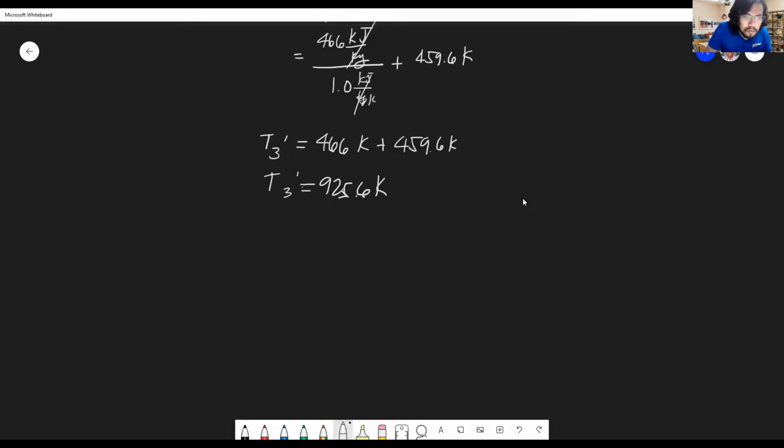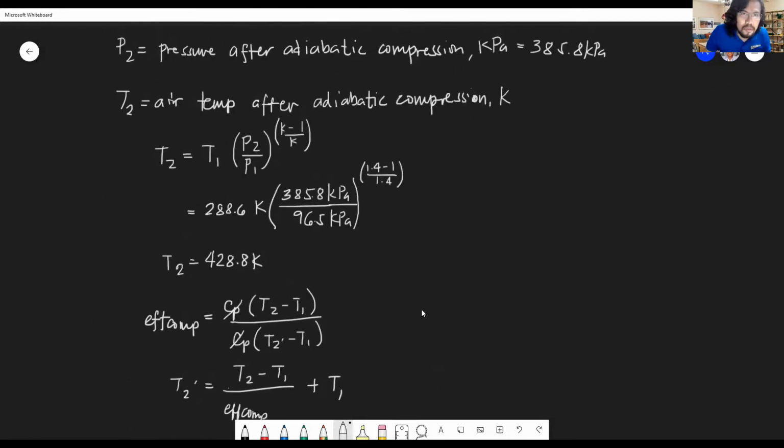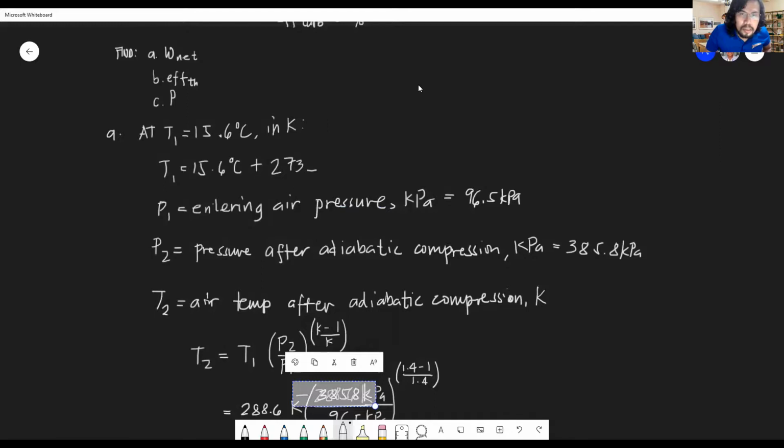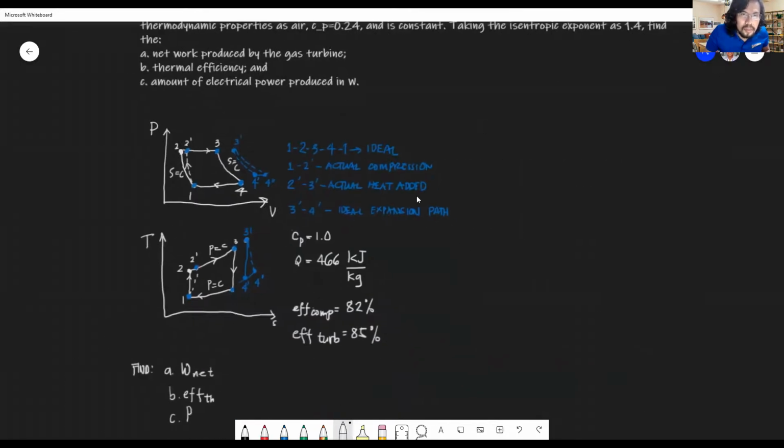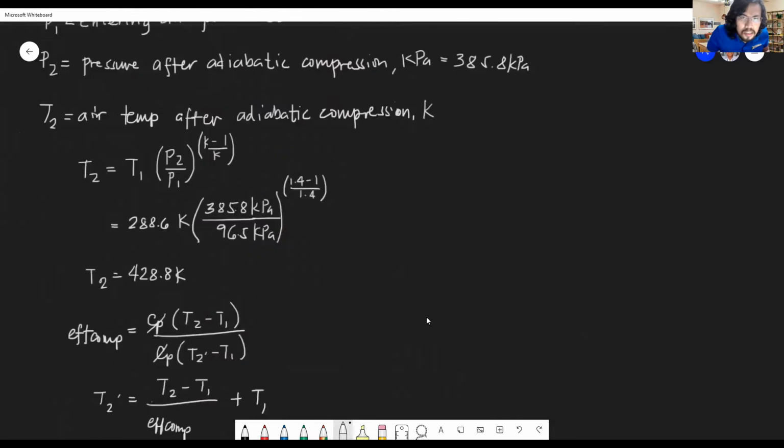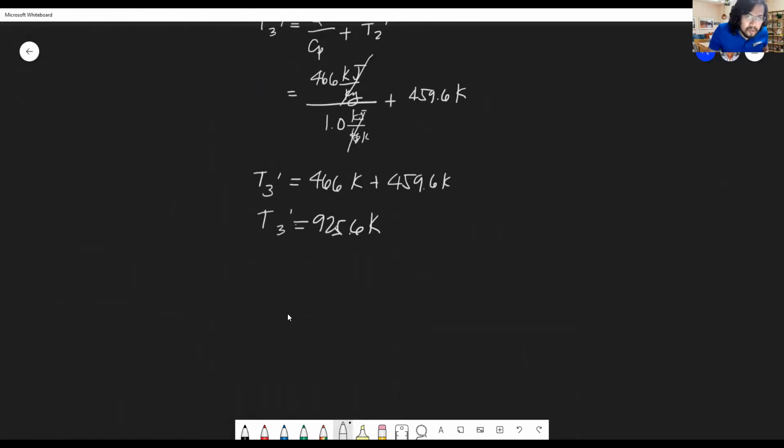We actually have an isentropic process again. So let's remember that from 3 prime to 4 prime, it's isentropic. So let's have the isentropic process first.